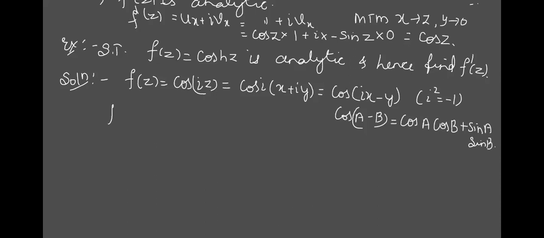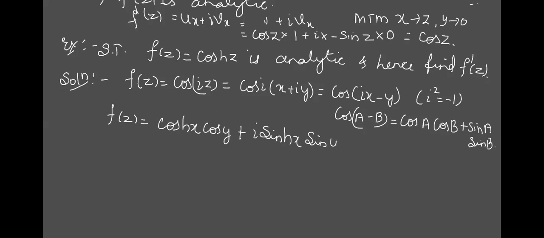If you apply so and simplify, I'll write u and v directly. Cos a is cos ix. How to write cos ix? Cos hyperbolic x, and cos of y. Plus sin ix, how to write sin ix? i sin hyperbolic x, and then sin y.